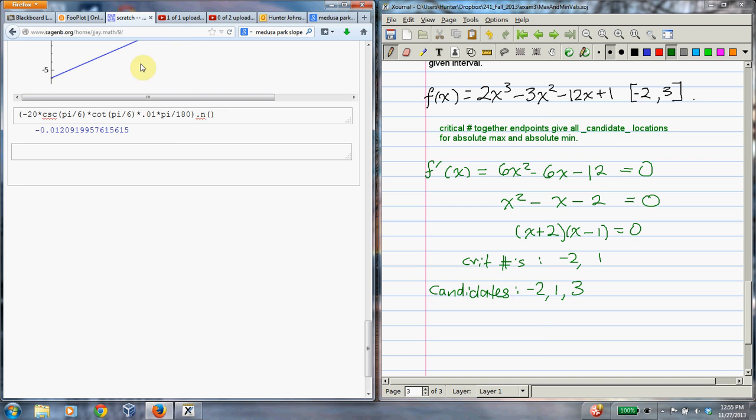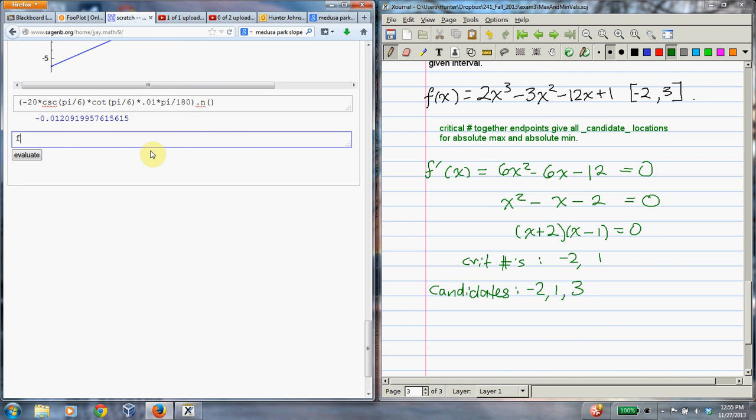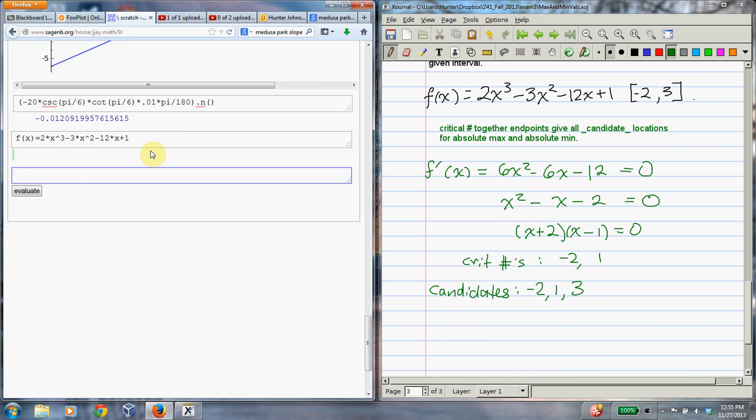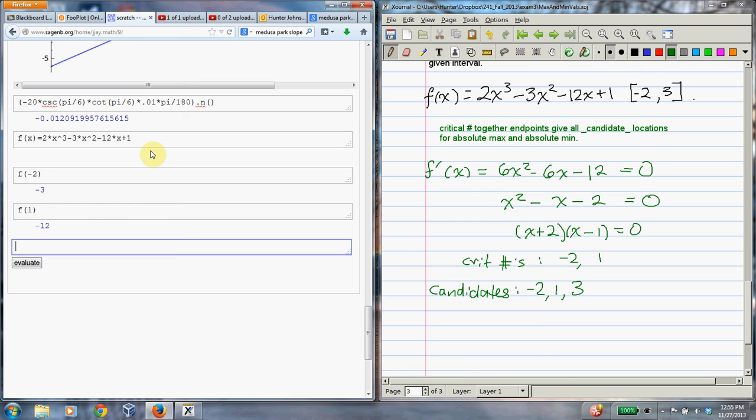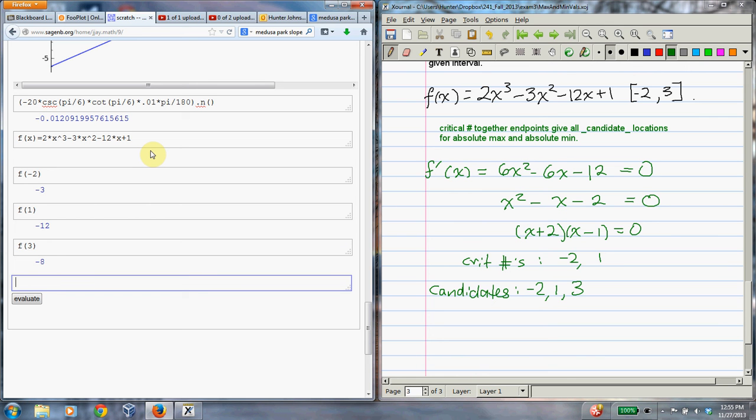And if you're a really lazy person like me, then we could do it like this: 2 times x cubed minus 3 times x squared minus 12 times x plus 1. Now let's just check all these values. We need to check f of minus 2, f of 1, and f of 3.